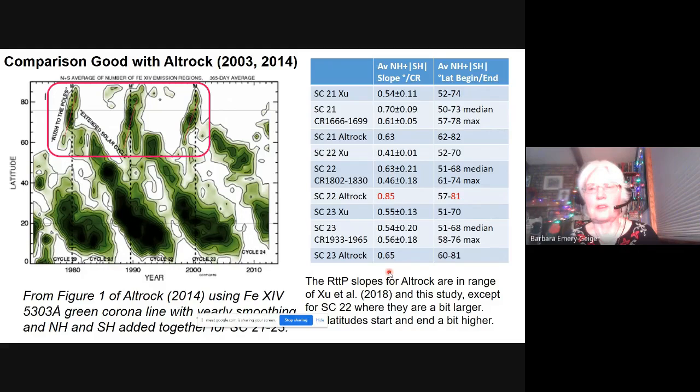But I would call this quite good. I'm pretty pleased with this one too, even though the iron line is a little bit different. We think it's streamers for this upper latitude region. We think this is more active regions. So I'm pretty pleased.